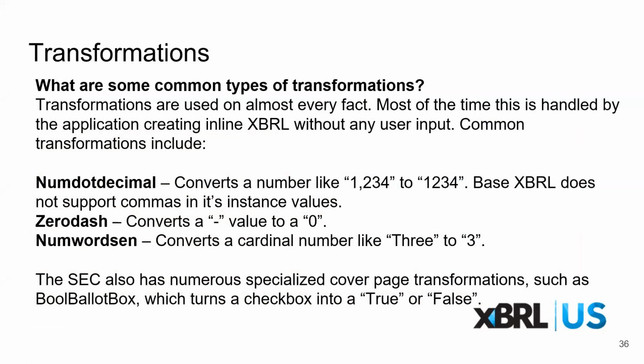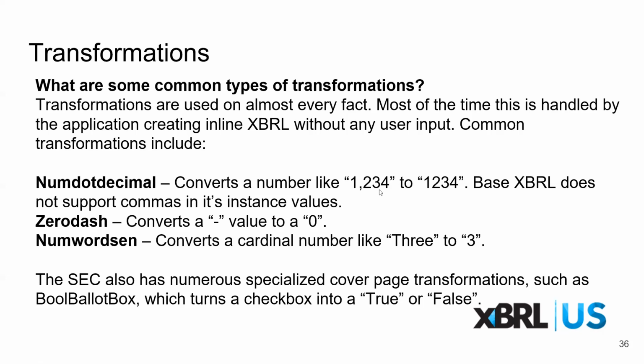So what are some common types of transformations? Transformations are actually used a lot more frequently than you would think. They're not just on things like what we talked about before, where you're transforming dates or words into integer values. Almost every fact has some sort of transformation. Most of the time this is handled under the hood by the software that's creating the XBRL, so you generally don't have to worry about it. But some extremely common ones you'll see if you look at the underlying XBRL are things like num.decimal.